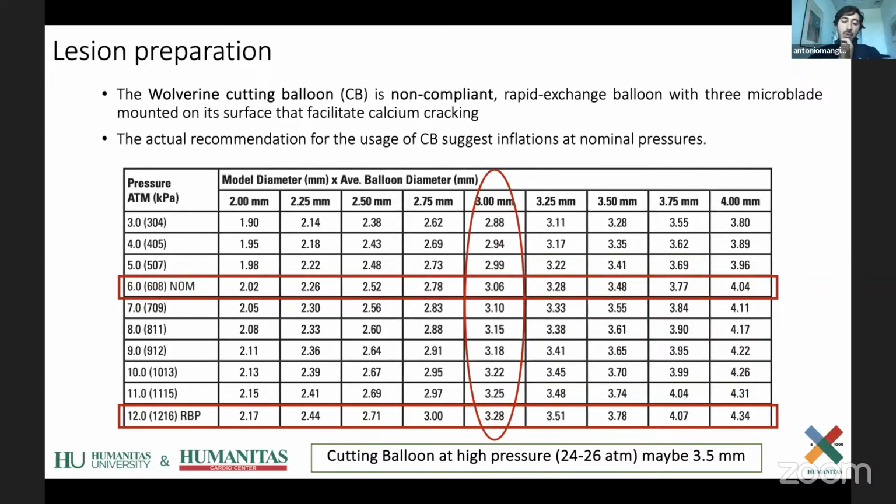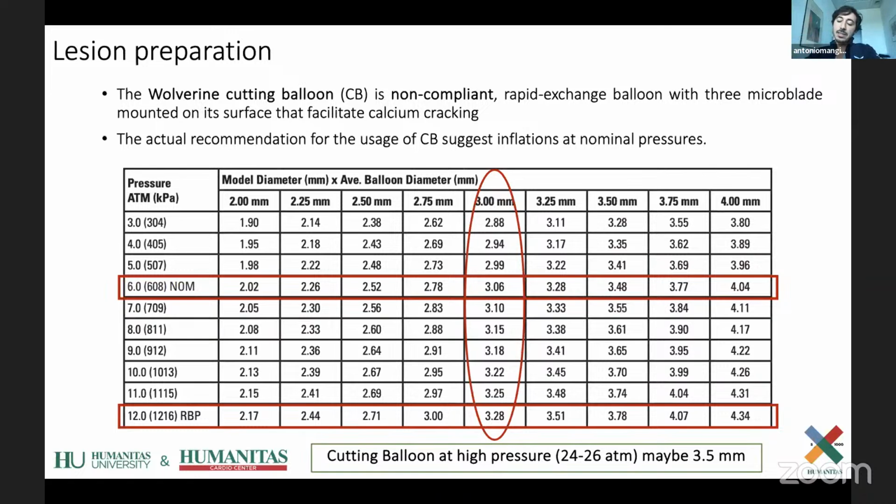But I tell you also, Azim, that the image in which you appreciate that the cutting balloon is nicely expanded is something that we achieved only going high pressure. We pre-dilated, we stayed at like 16 atmospheres because we had some concerns, since we were treating an area with a smaller diameter, but the problem was that the cutting balloon was not nicely expanding.